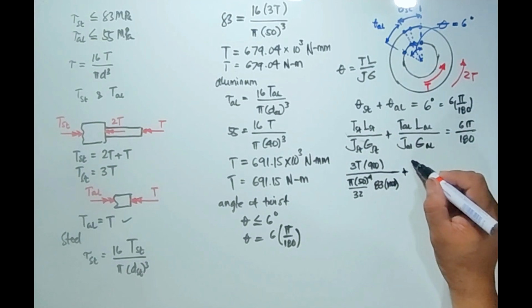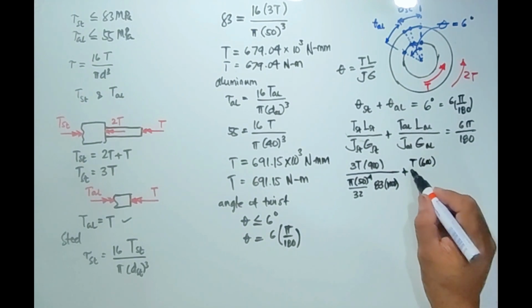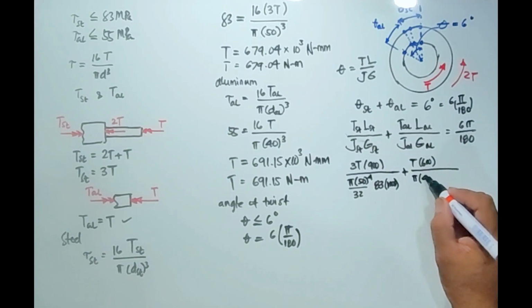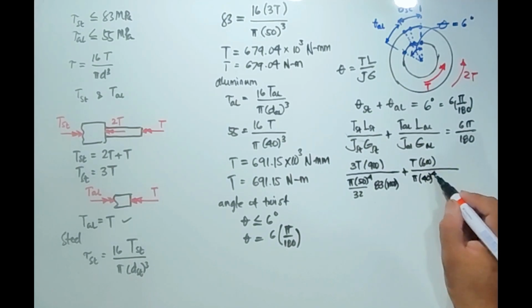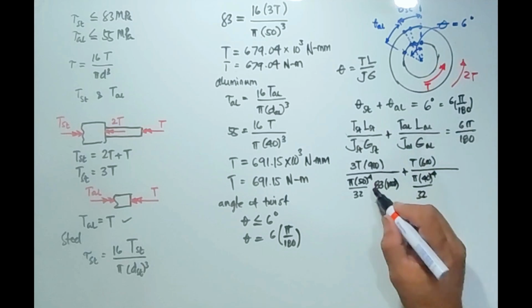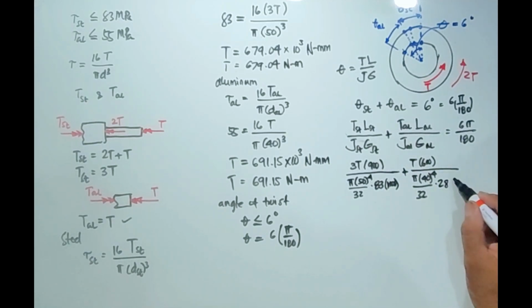Plus, for the aluminum, it's just T times the length of 600 divided by pi times the diameter, 40 to the 4th power, over 32, times 28 gigapascal multiplied by 1000 to make that megapascal, equals 6 pi over 180.